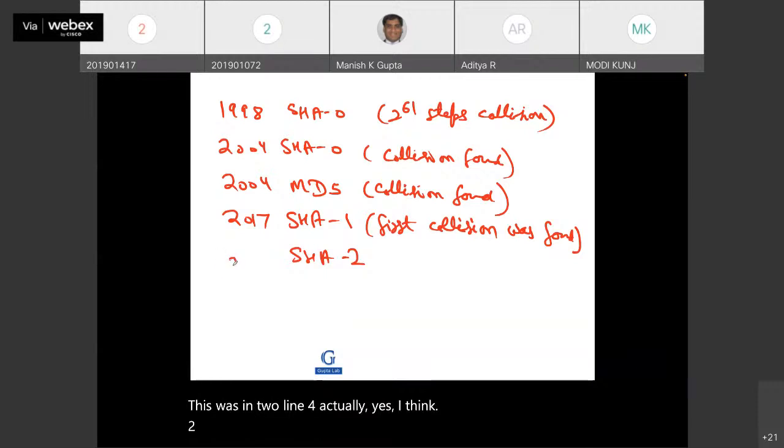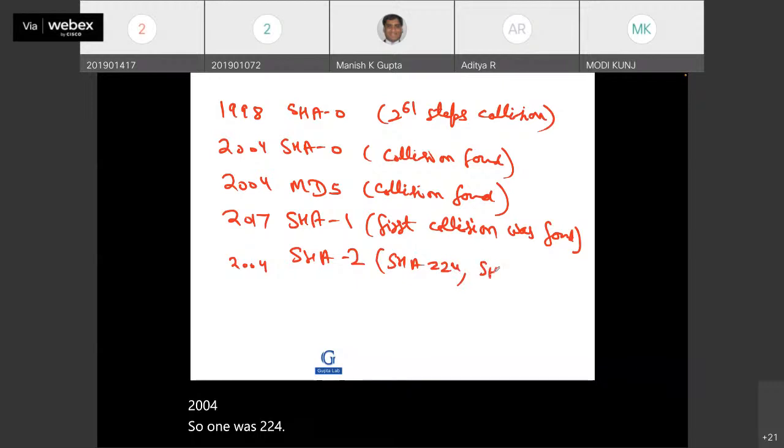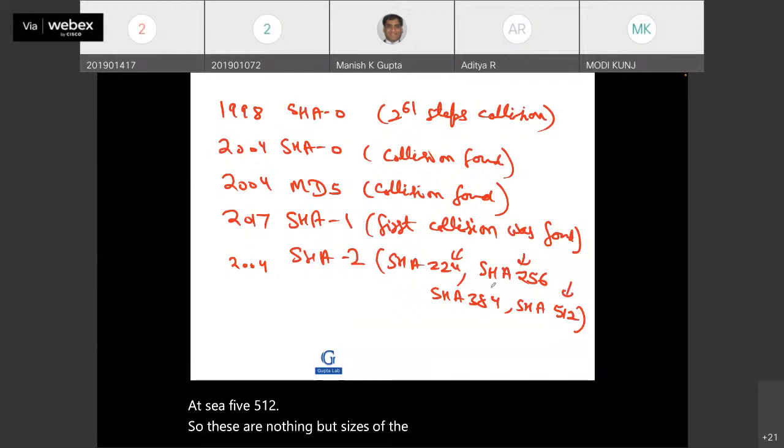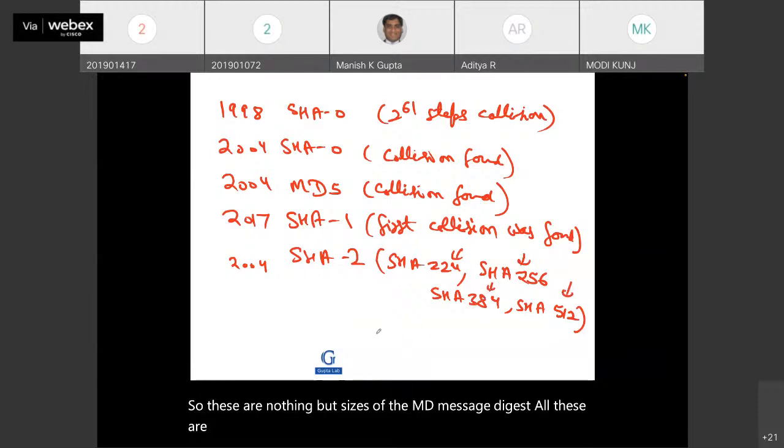So one was SHA-224, SHA-256, SHA-384 and SHA-512. These are the 4 hash functions. So these are nothing but sizes of the message digest. All these are sizes of the message digest.